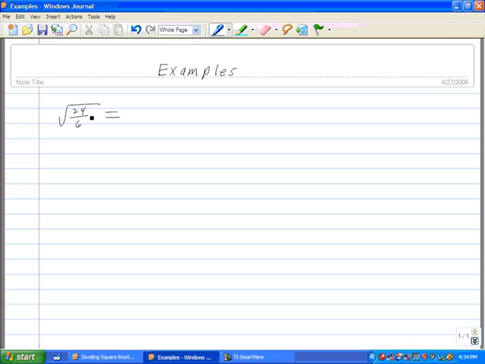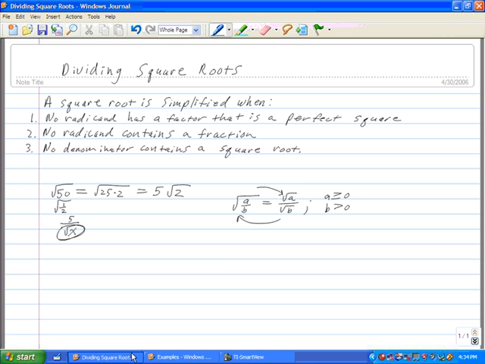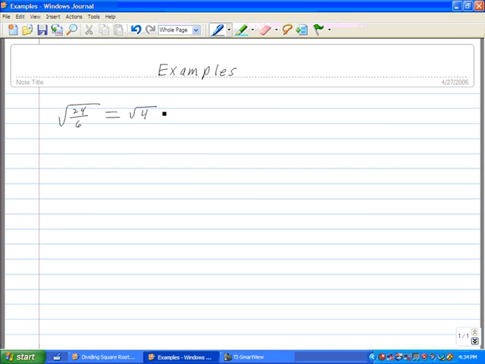So, let's simplify the fraction and see if it helps. 24 over 6 is a 4. That simplifies down. And now, as our number 2 said, we don't have a fraction anymore, but number 1 says no perfect squares underneath the radical, so we have to take the last step, take the square root of 4, and turn that into a 2. So now that's finally simplified.